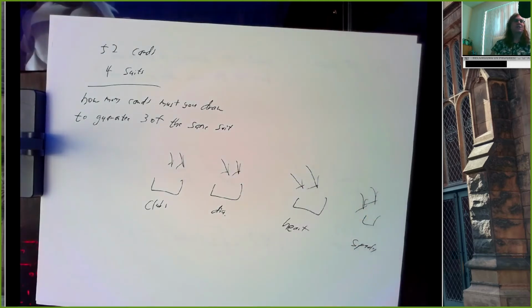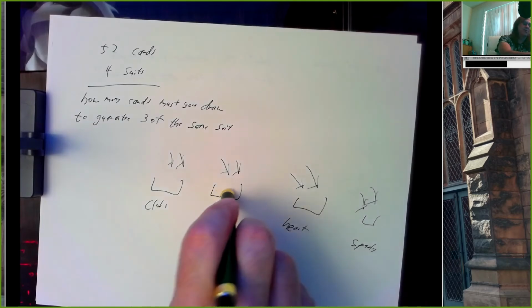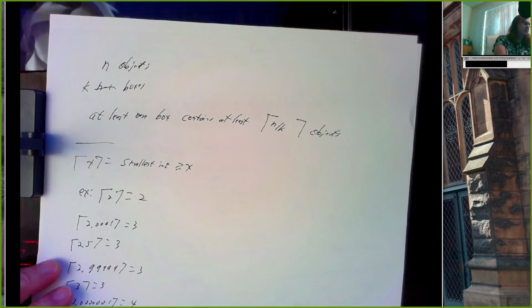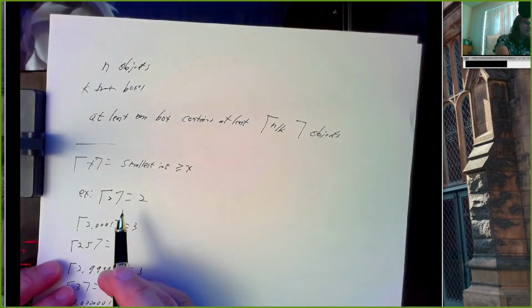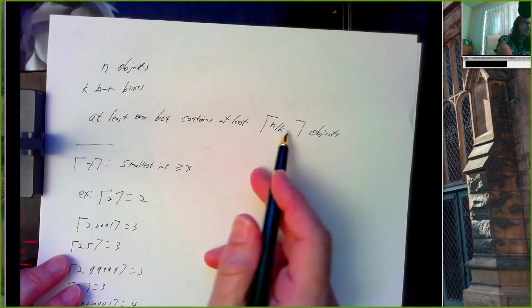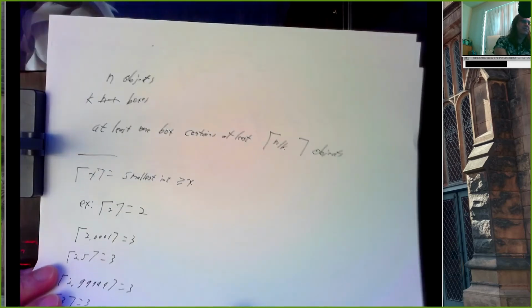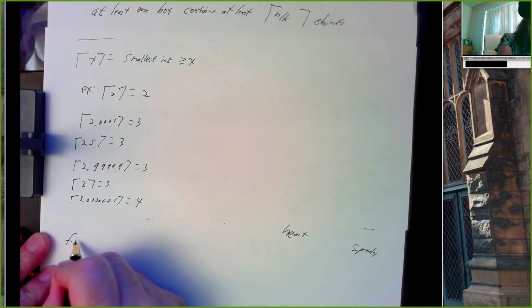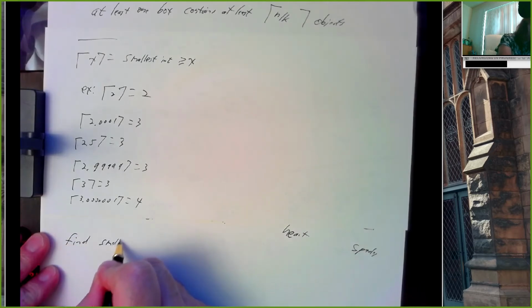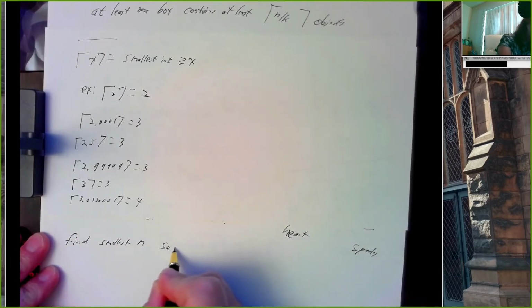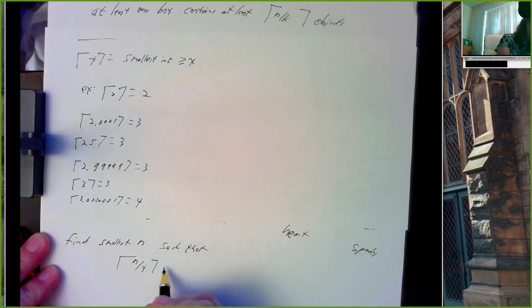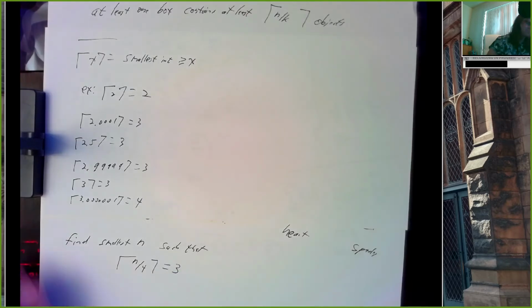And you want to know how many cards you have to draw until you're guaranteed at least one box has at least 3. Generalized pigeonhole principle says n objects, k boxes, at least one box contains at least ceiling n over k objects. So we can reword this problem as follows. Find the smallest n such that the ceiling of n over k, which is 4 in this case, is equal to 3.